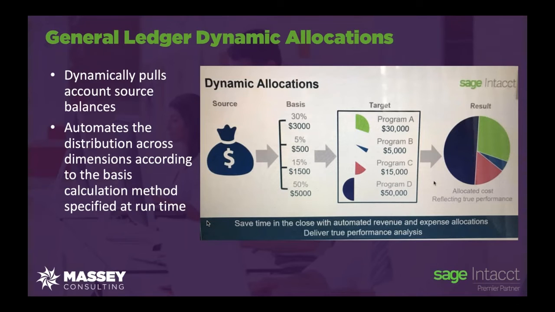But basically what it allows you to do, for example, is if you code all of your G&A expenses, rent, utility bills, those kinds of things to an account, and then at the end of the month, end of the quarter, whatever your time frame is, you want to allocate that money out over certain programs, divisions, departments, whatever you're using your dimensions for, you would be able then to allocate those funds.